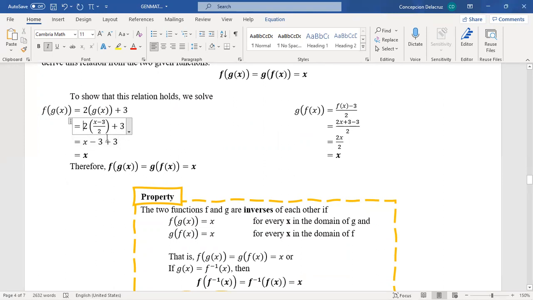Negative 3 plus 3 is equal to 0. So what remains is f of g of x is equal to x.